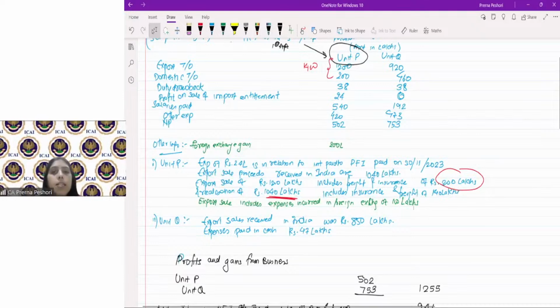Janvi, the question is simple. I have just made an adjustment that there is also a foreign exchange gain of 200 lakhs.